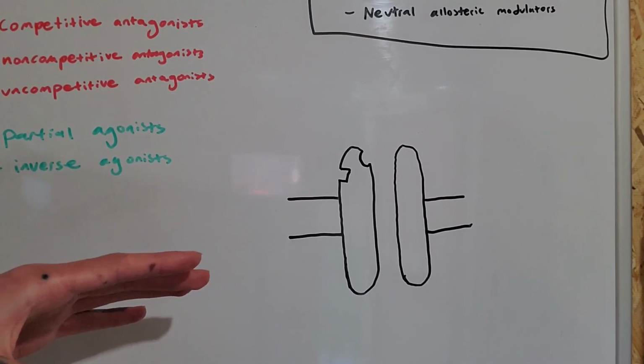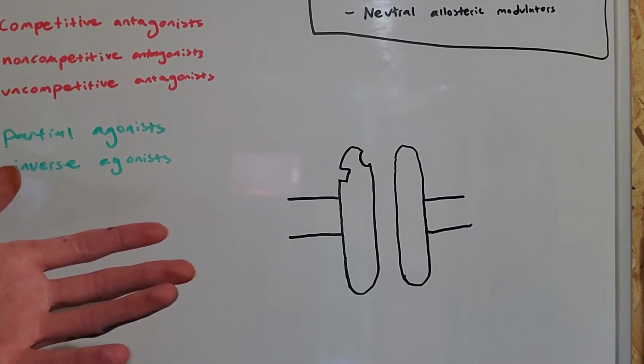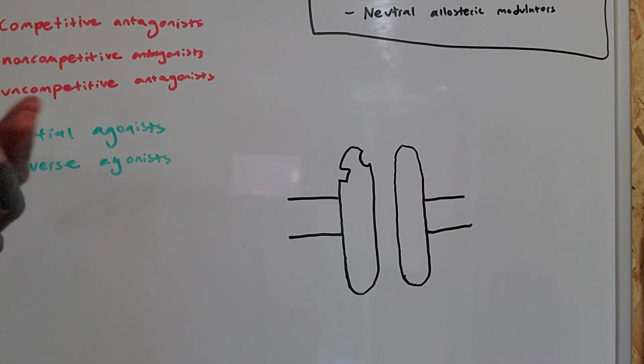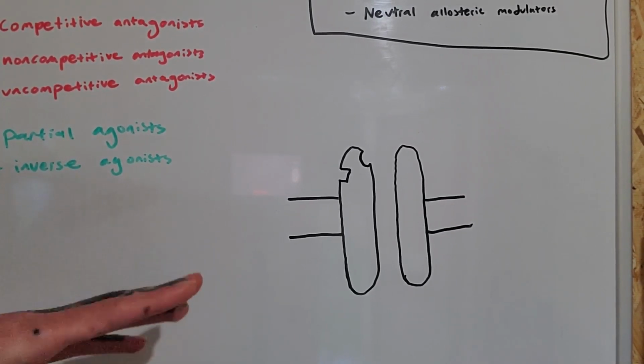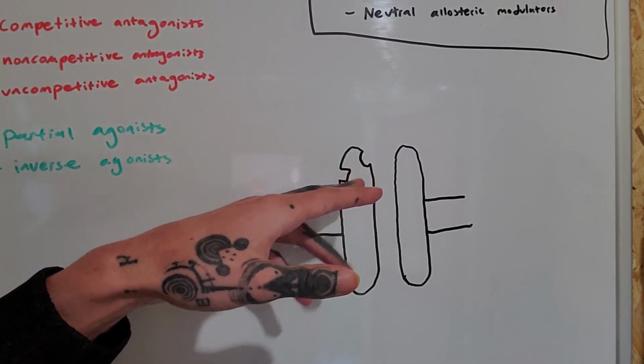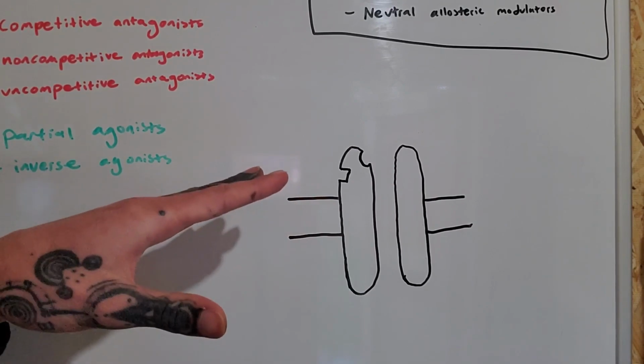Exogenous means occurring from outside of the body, like a medication or drug or other substance that can elicit effects. So generally the orthosteric site is the common site that the endogenous ligand binds to.